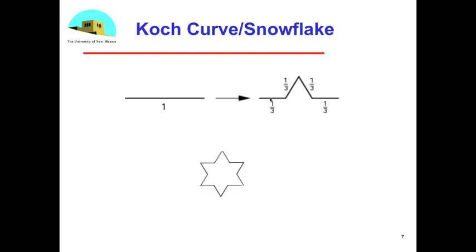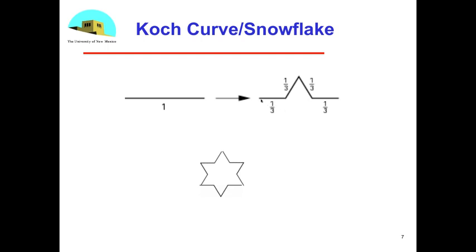And I think it's pretty easy to see a couple of properties here. One of which is that the length here is obviously 4/3, which is longer than the length of the little line segment I started with. And every time I subdivide again, I get 4/3 times the length of what I started with.